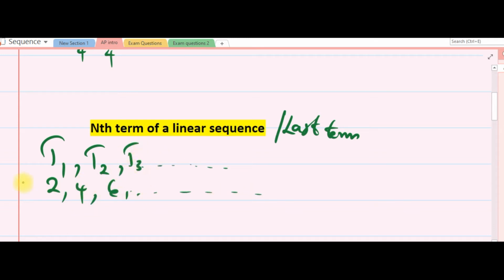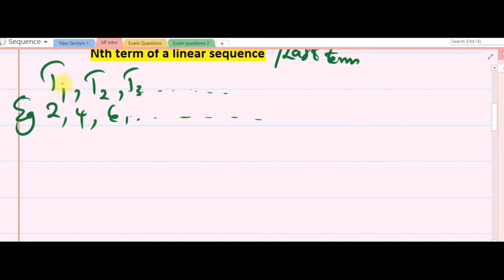You notice that our T1 here is 2, our T2 is 4, our term 3 is 6.